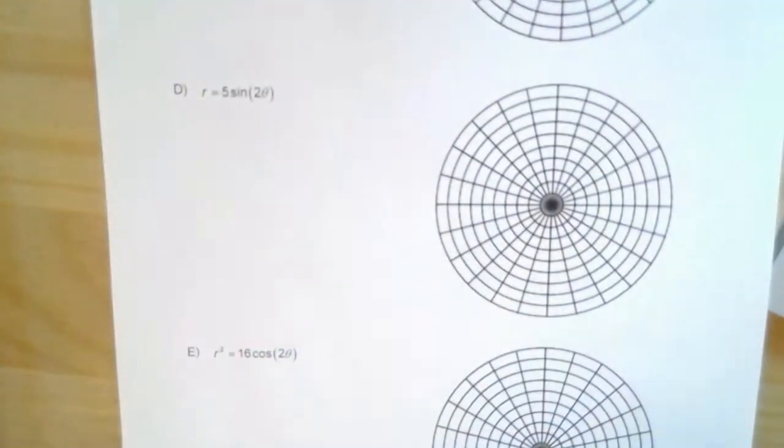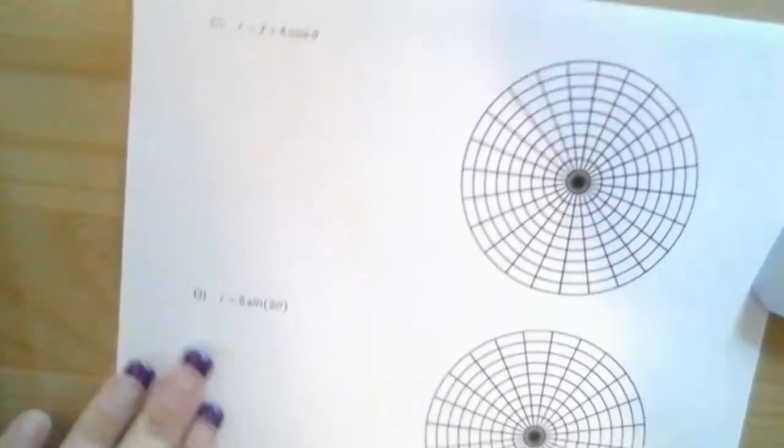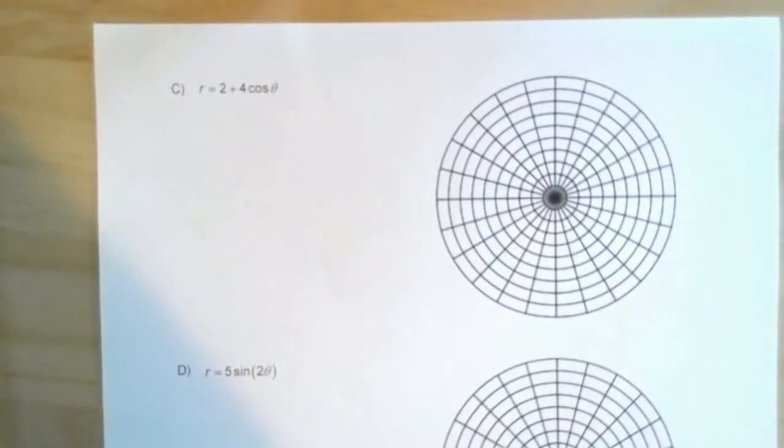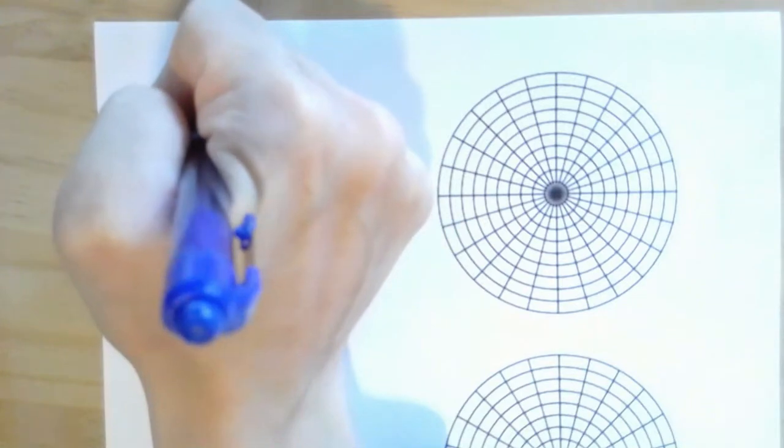Alright, we're going to keep going with practice here because we've got to see that there are different shapes that we can make.